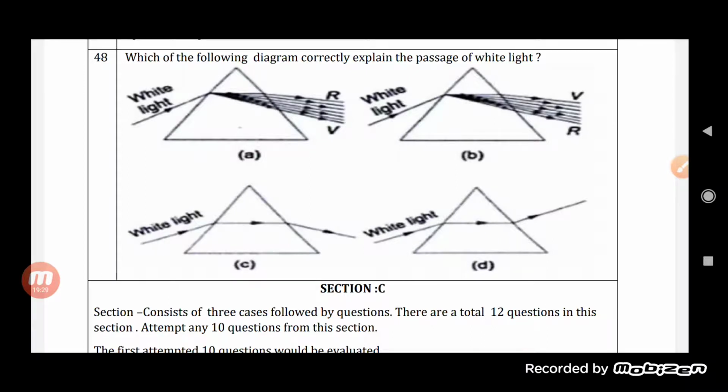In dispersion, the white light gets dispersed into seven colors, that is VIBGYOR. This includes violet and red, in which violet has the least wavelength and red has the longer wavelength.